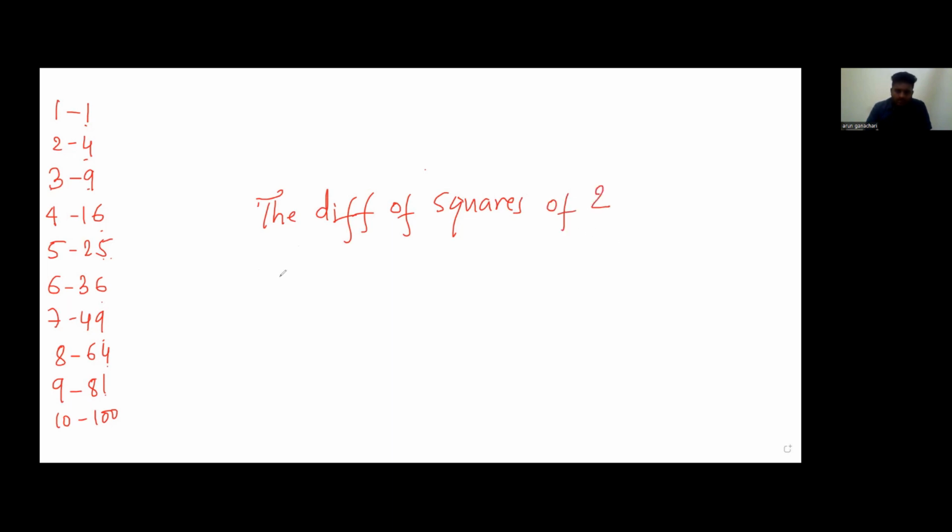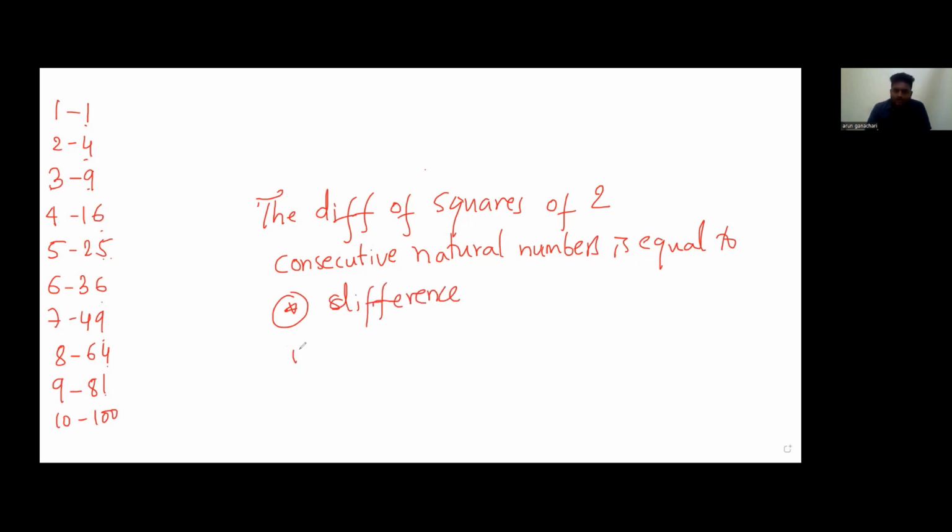The difference of squares of two consecutive natural numbers is equal to. Your options are their difference, their product, their sum, and option D was none of the above.